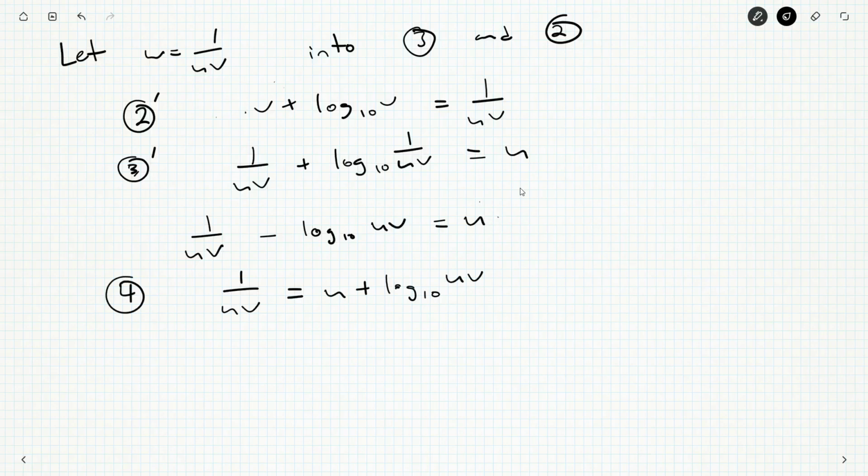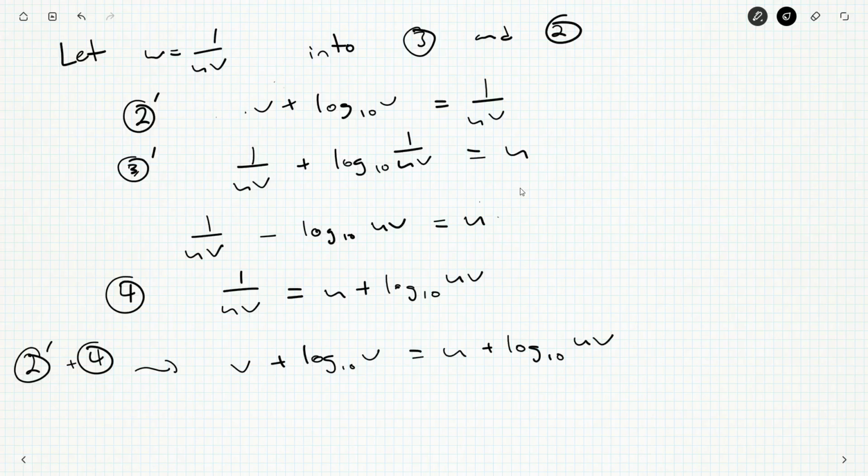And now, by combining these two, we get v plus log base 10 of v is u plus log base 10 of uv. But this is a product. So now I can cancel them out, and fantastic, it's the first equation again.